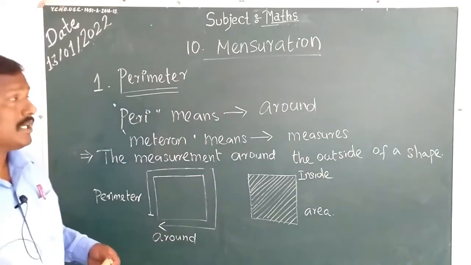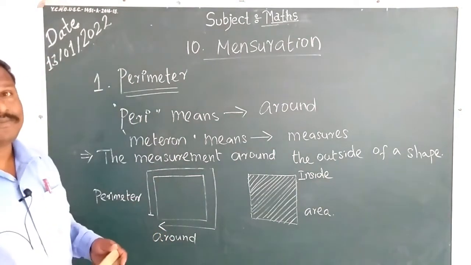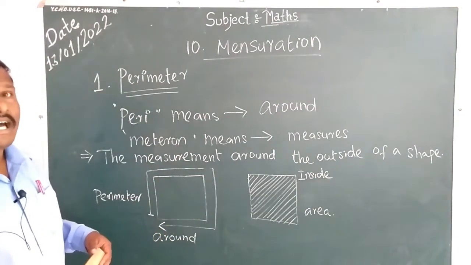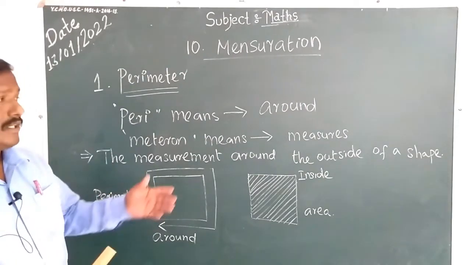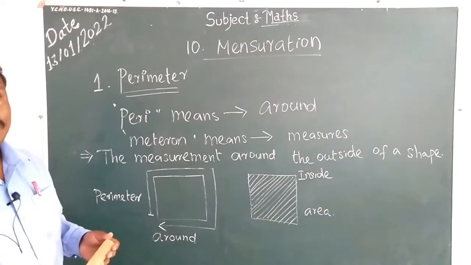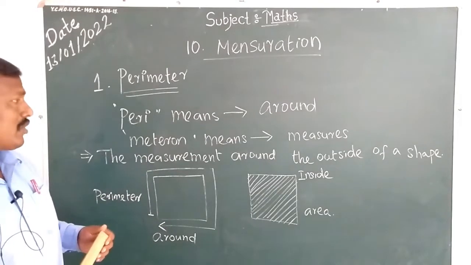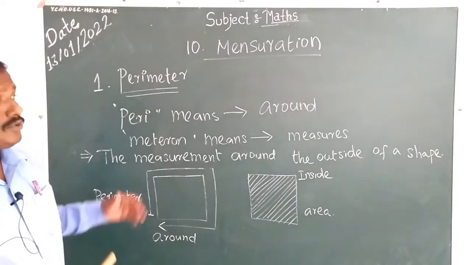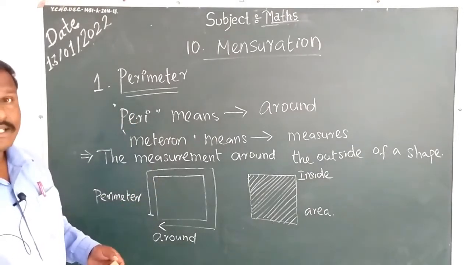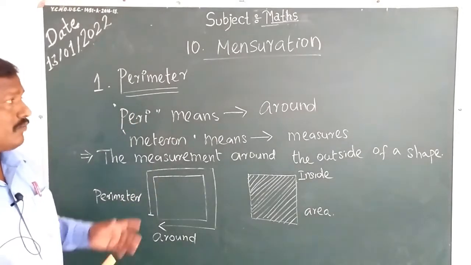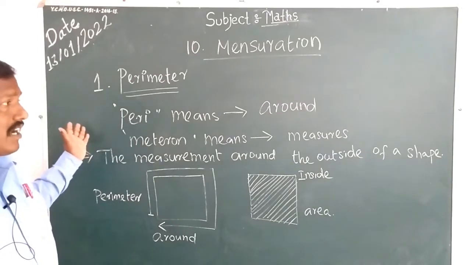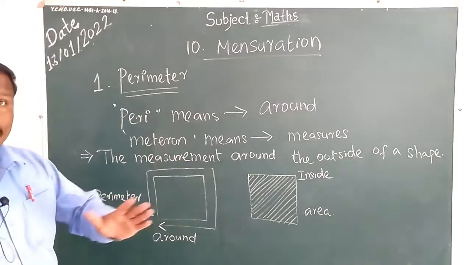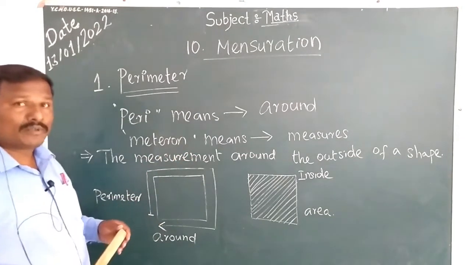Let's discuss. Peri means around. Metron means measure. So you have to copy this. When I teach in a video, whatever I write on the board, you have to copy into your mathematics notebook every day.